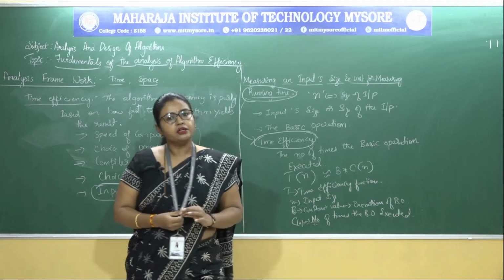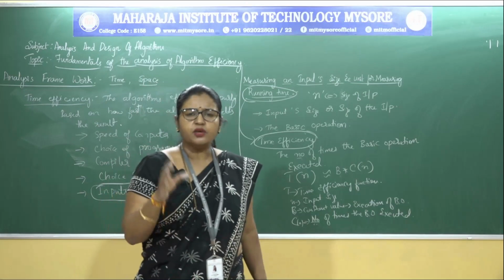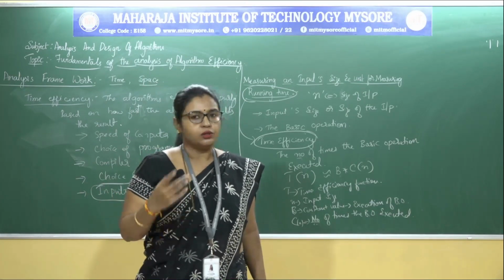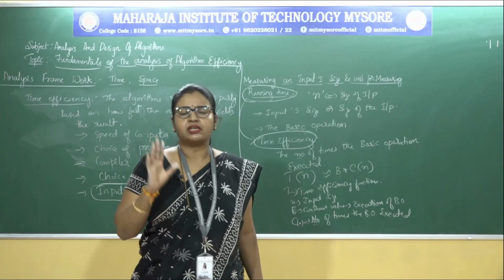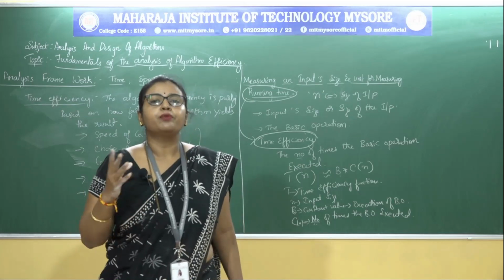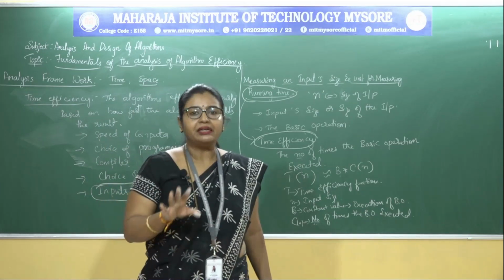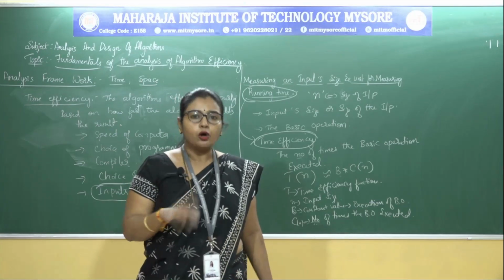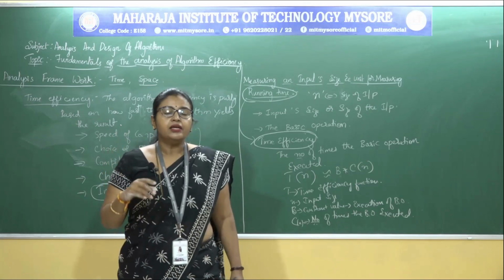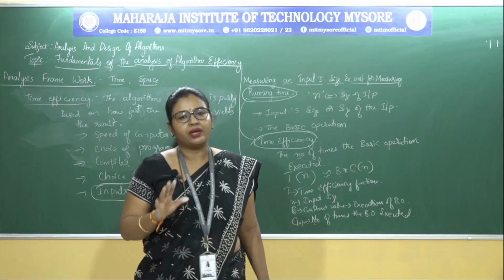Okay. And here one more question arises: does your algorithm depend only on the size of the input? No. For some kinds of problems, yes, definitely, but for some kinds of problems it is also based on some other factors, of course it depends on the input size, and also on other factors. I will take an example so you can understand.